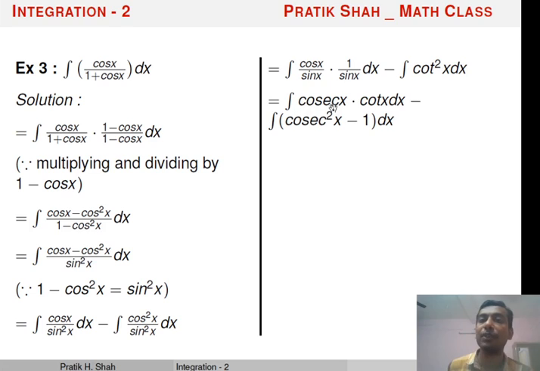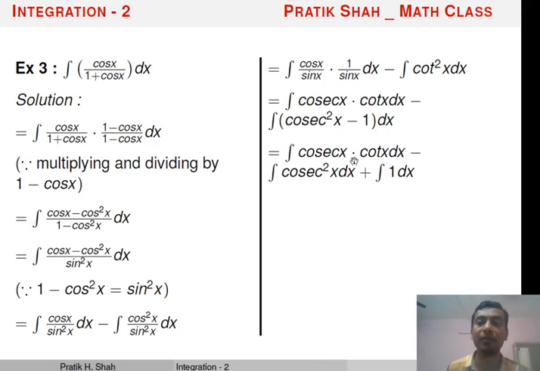Okay, now if you see the list of our formulas, we have a formula for this integration, we have a formula for this, and we have a formula for this also. First we will separate them. So integration of cosec x into cot x minus integration of cosec square x dx, and this minus minus is plus, integration of 1 dx.